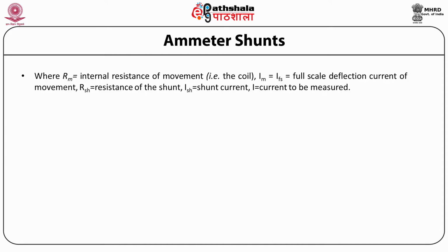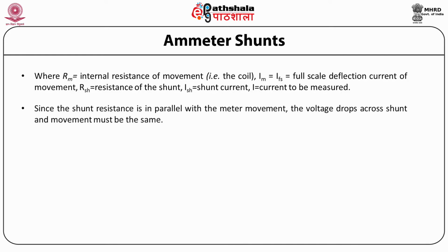Rsh is defined as the resistance of the shunt, Ish as the shunt current, and I is the current to be measured. Since the shunt resistance is in parallel with the meter movement, the voltage drops across shunt and movement must be the same, or Ish Rsh is equal to Im Rm.